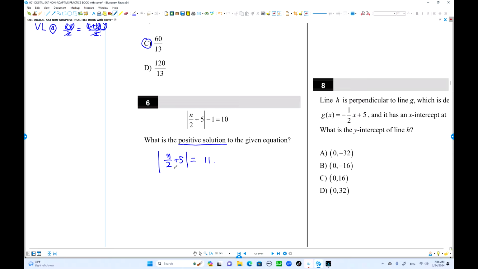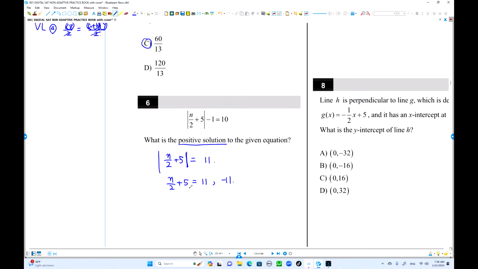In standard form, the number inside must be either 11 or negative 11, because the absolute value of 11 is 11, and the absolute value of negative 11 is also 11. So we have two possible numbers inside the absolute value, so n over 2 plus 5 can be 11 or negative 11.